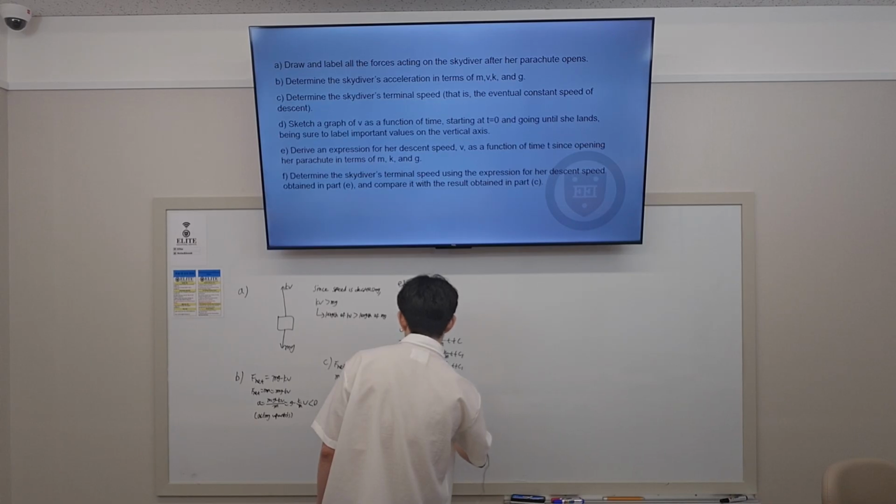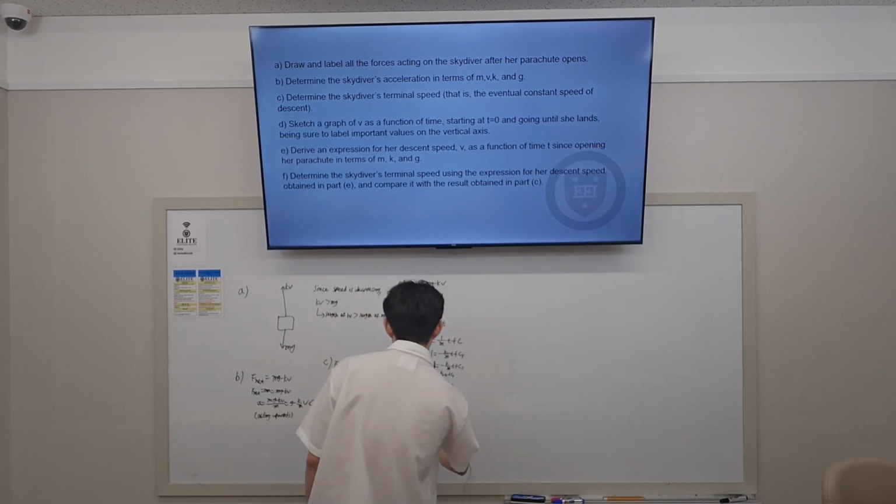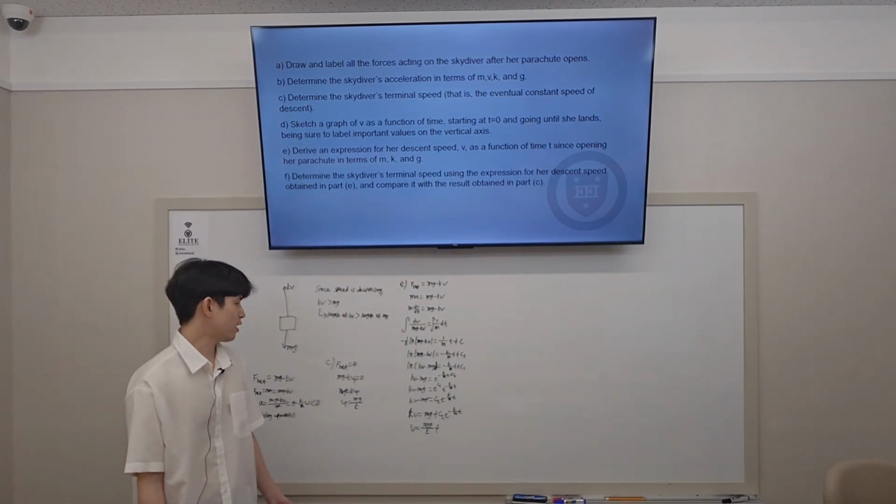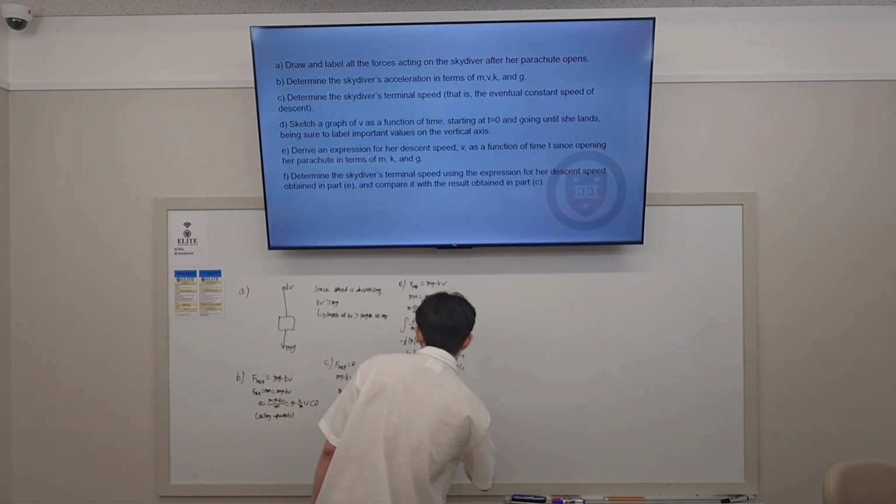So kv is just mg plus c2 e to the power of minus k over m t. So v is just mg over k plus, instead of writing c2 over k, I'll just write c3 e to the power of minus k over m t.